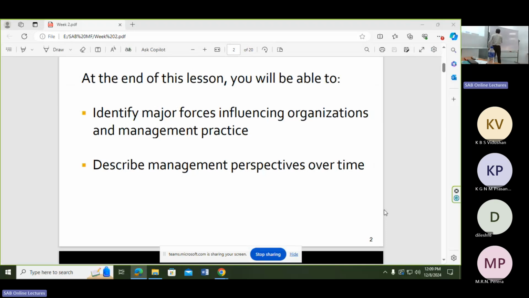All 6 forces: one is global force, globalization. Then technological. Then socio-cultural.